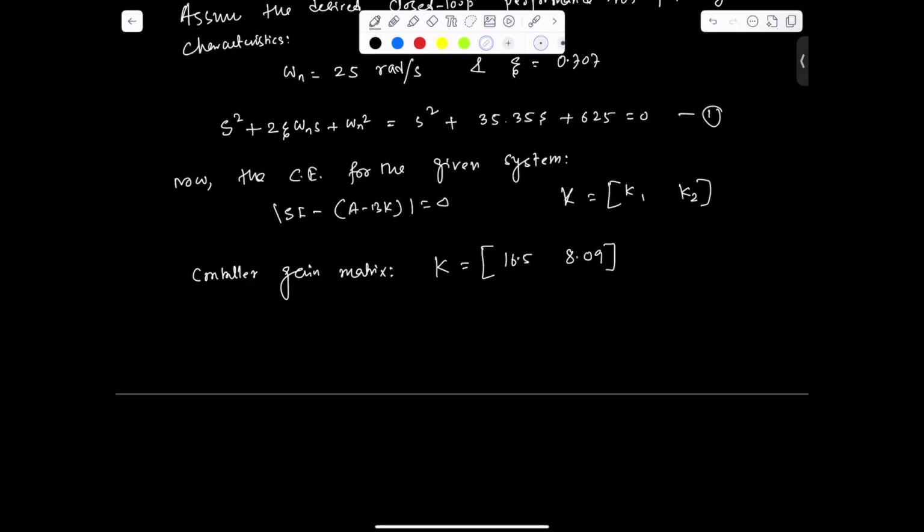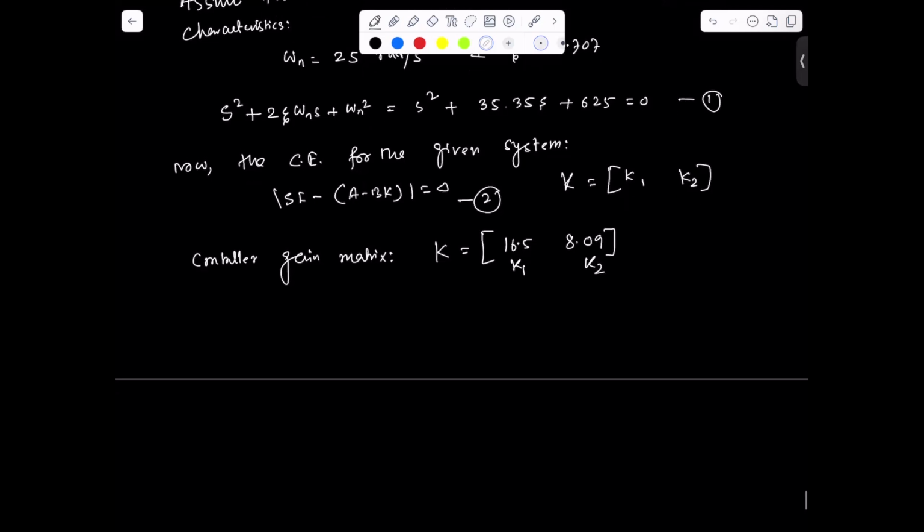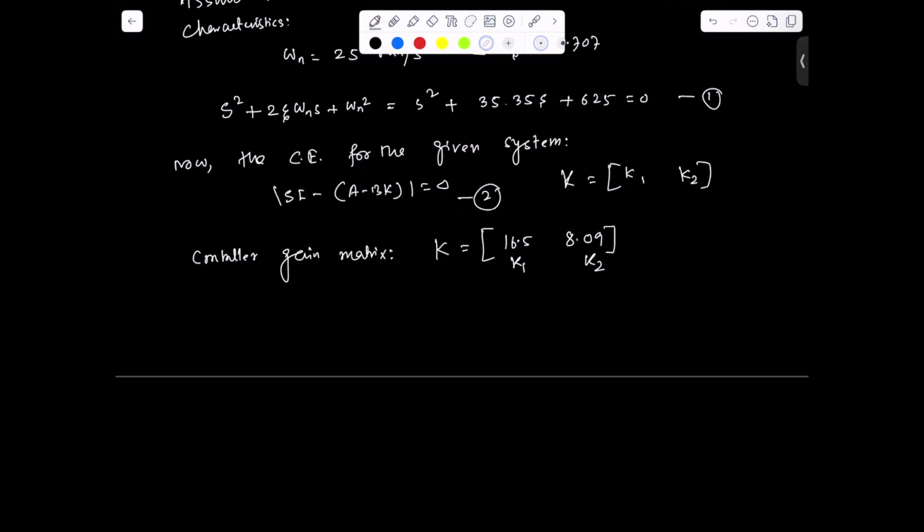Please follow the procedure you have done before. You just compare equation 1 and equation 2, compare the coefficients of s for both equations, and you can find K1 and K2. This is basically the state feedback control algorithm.